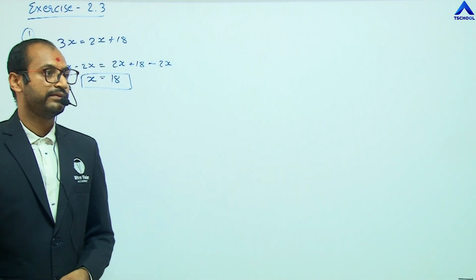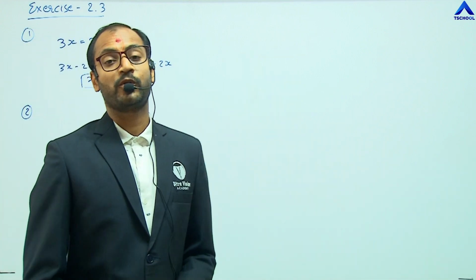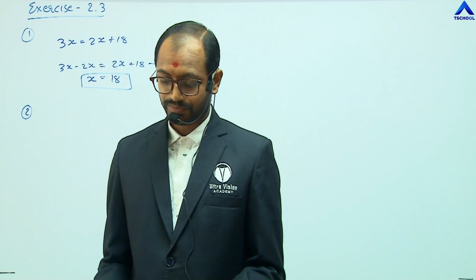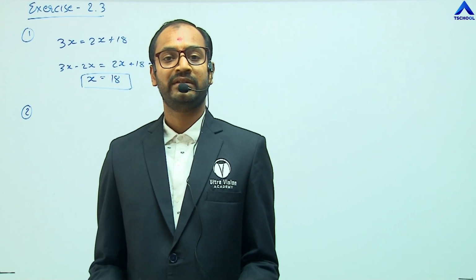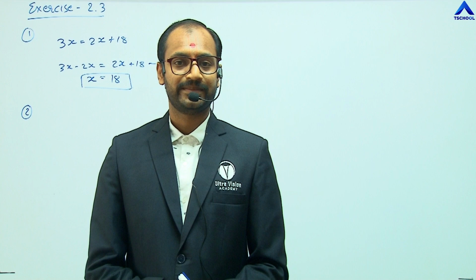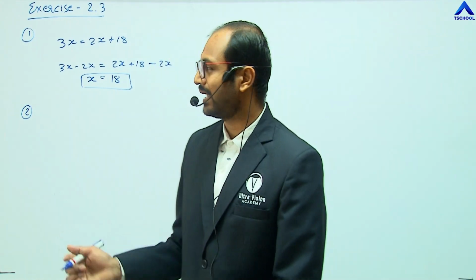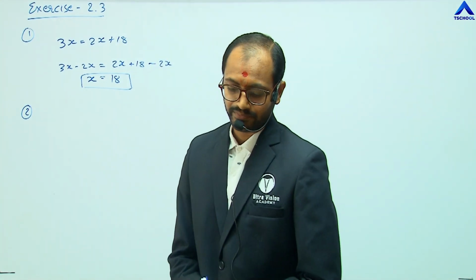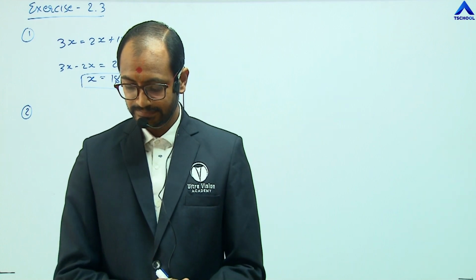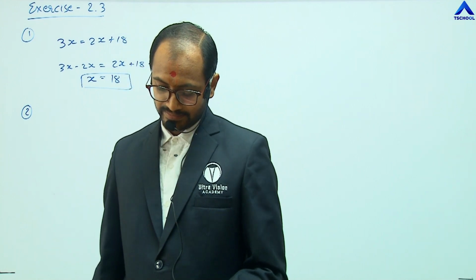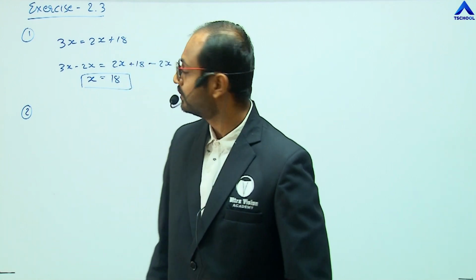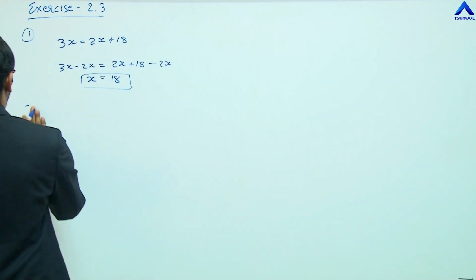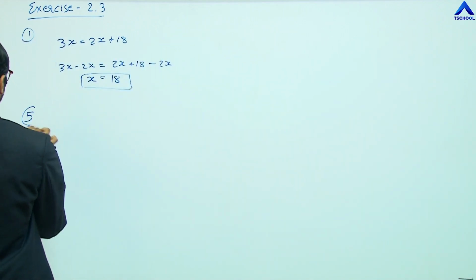Sometimes if you do more and more practice, then you can solve some equations in a simple way, directly, without writing anything. You can solve that very easily. The next is 5. Let me solve the 5th problem.